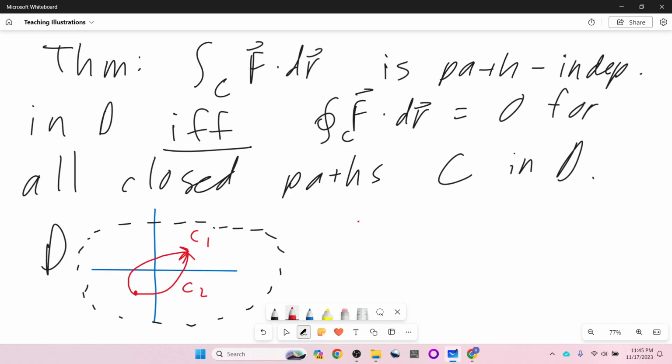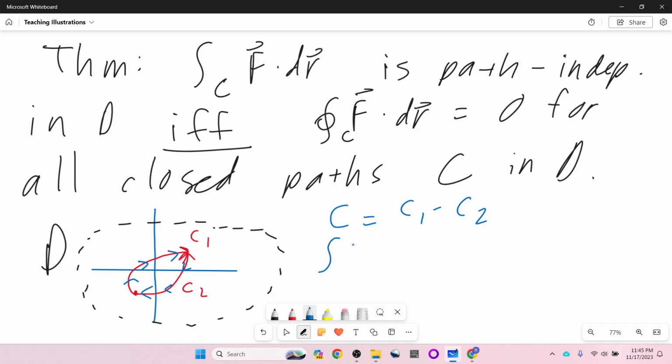Say I wanted to do C as C1 minus C2, meaning I would first go this way along C1, and then I would continue this way along C2, but backwards.